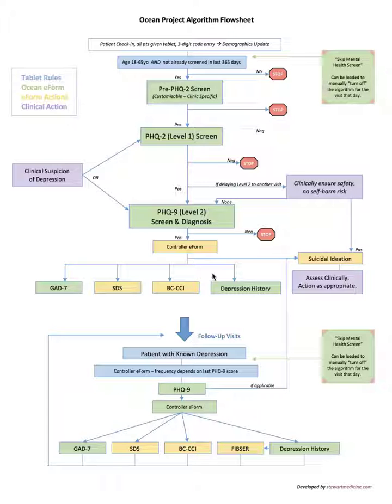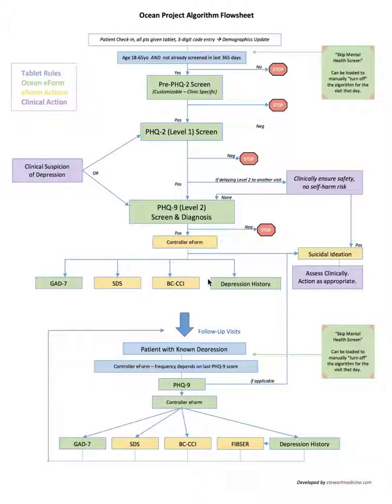Not forever, not for months, but just for that visit. If you're having a busy day, or that patient is having a busy visit and you don't have time to really go into the depth that this goes into, then it can be manually overridden, and that's useful on a clinical case by case basis. So that is it.